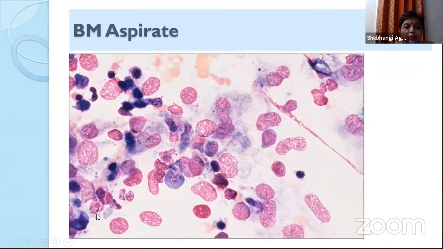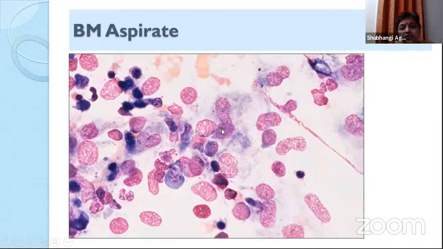Then you have few neutrophils here and there, and few plasma cells, whereas most of the cells here are large cells with pale blue cytoplasm, indistinct cytoplasmic margins somewhere distinct cytoplasmic margins.